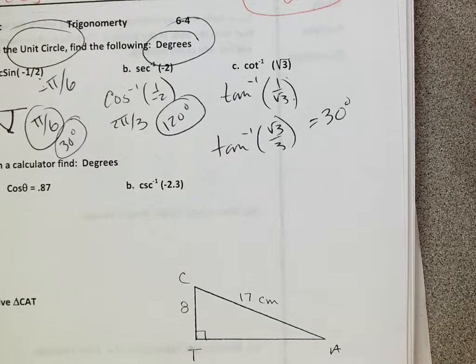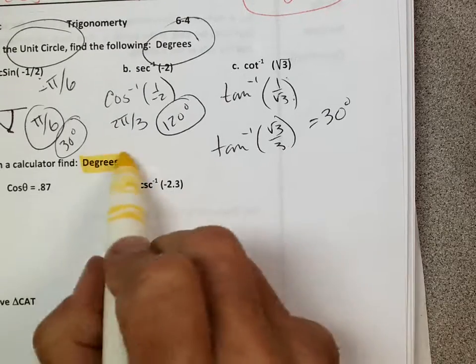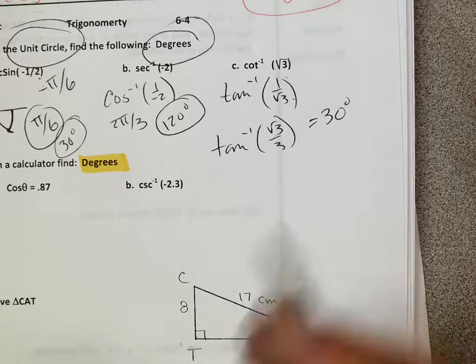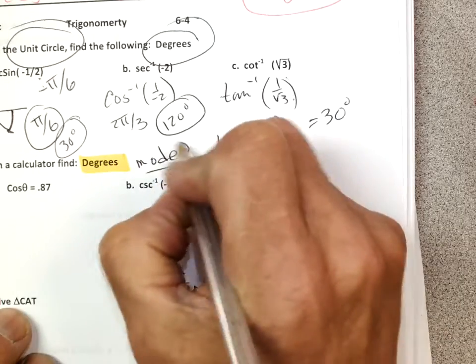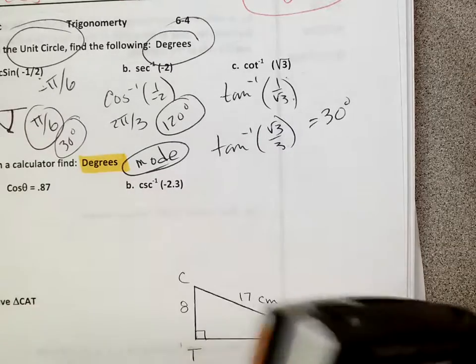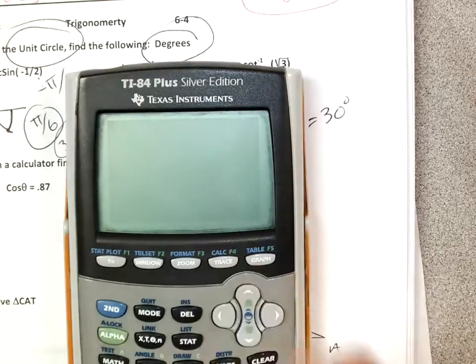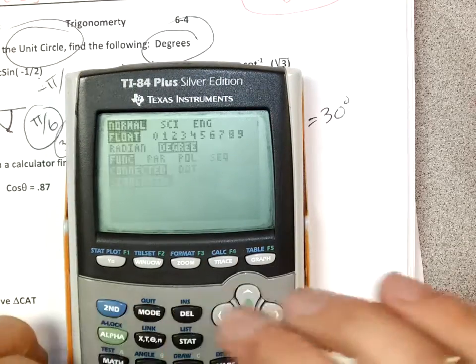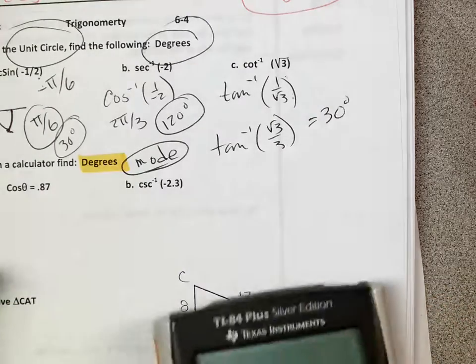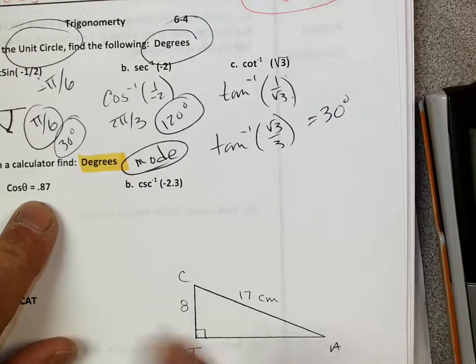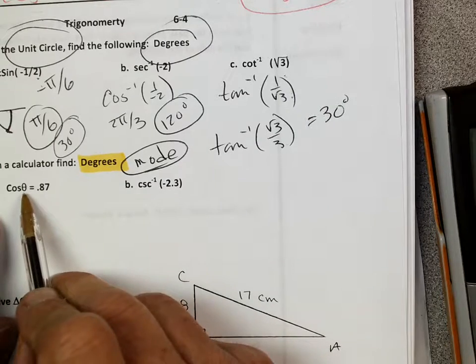Now, example 2, with a calculator, degrees. So first of all, let's go degree mode. Let's check my mode. Degree mode, okay, I'm good. So I've got cosine of theta equals 0.87. I want to find the angle.